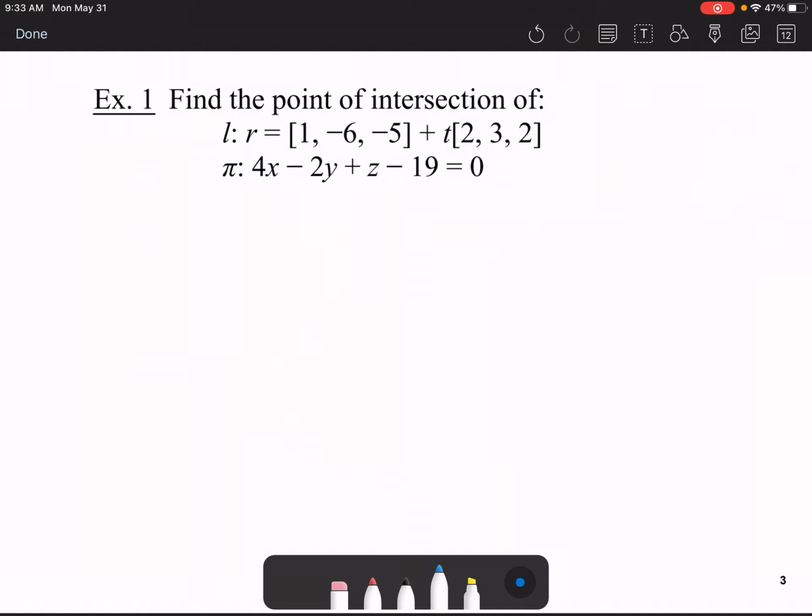So for this line, we have the vector 1, -6, -5 as my starting point, and my directional vector is 2, 3, 2. So using my line, I'm going to write it in parametric form.